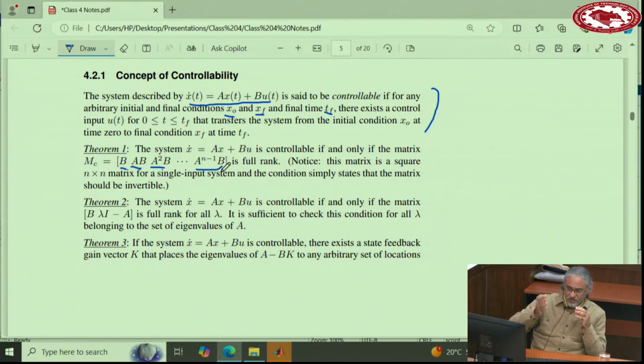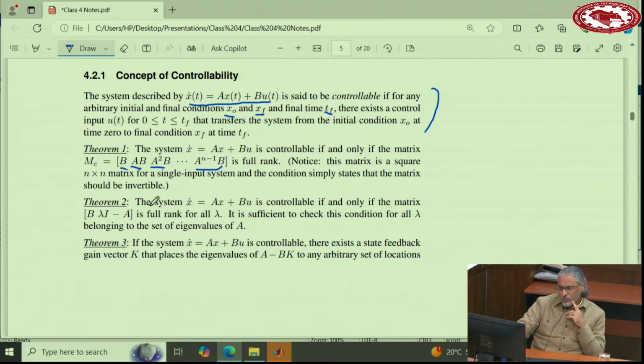In general it's a fat matrix, so the rank of this matrix should be equal to the number of rows of this matrix. Like I said, we are not going to prove it. If it's a single input system, this matrix will be a square matrix.